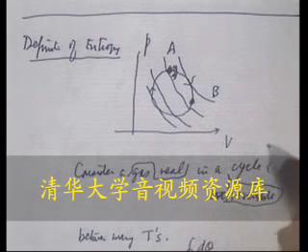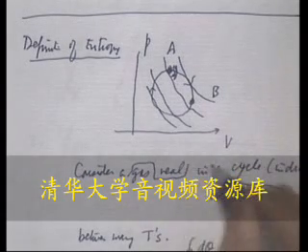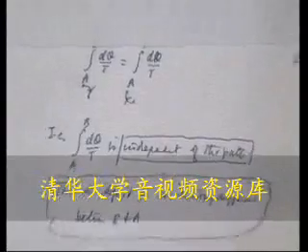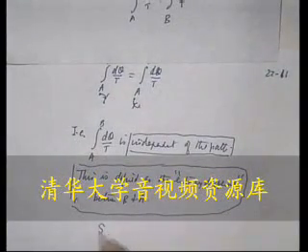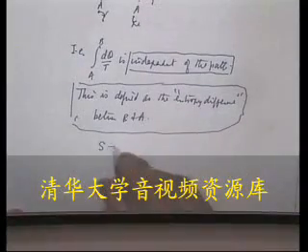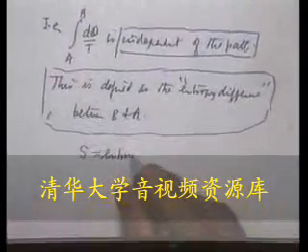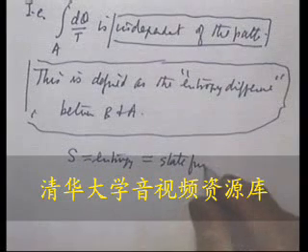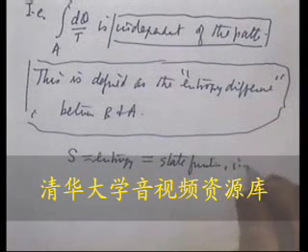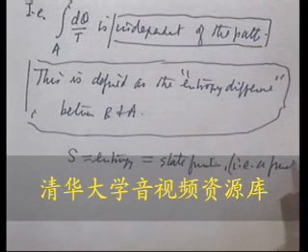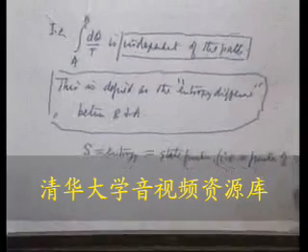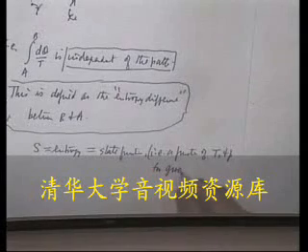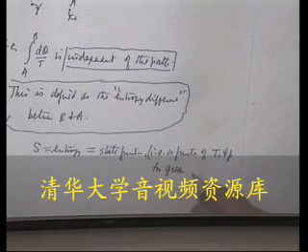然后你就把那 dQ over T integrate 起来，从一个到另外一个，你就得出来这个 entropy，这个 entropy 叫做 S。S 等于 entropy 是等于 a state function, i.e. a function of T and P for given mass.